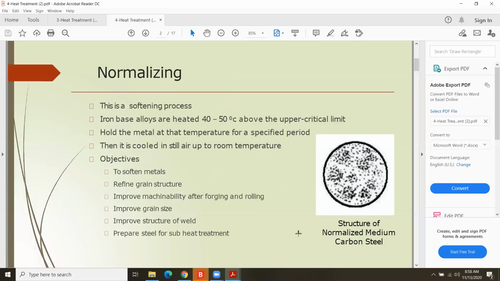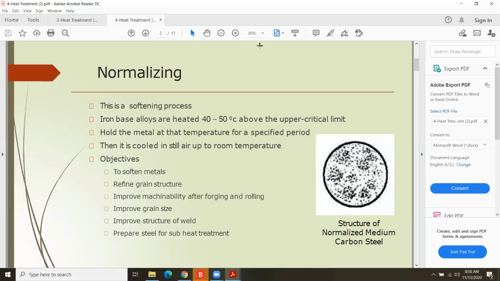Okay, there are different types of heat treatment process available: the normalizing process, annealing process, hardening process, or tempering process, right? So these are different types of heat treatment process. You can use these processes according to your purpose or your different applications, right? Okay.